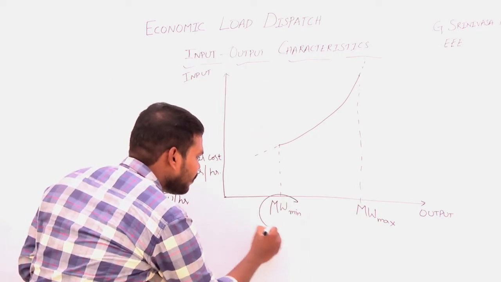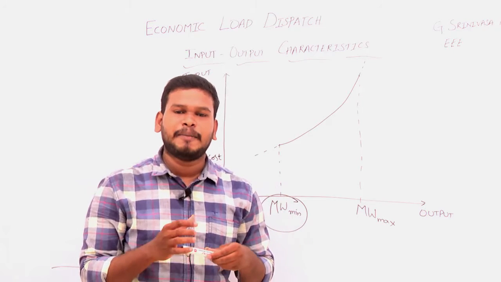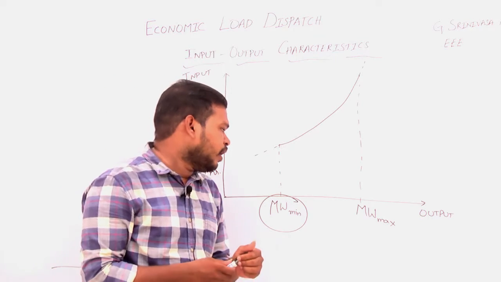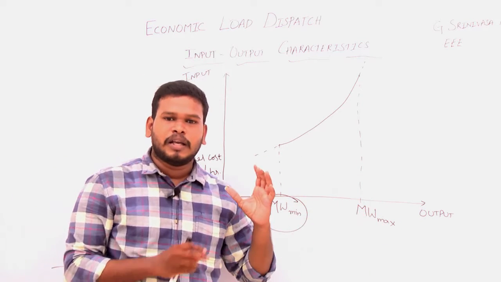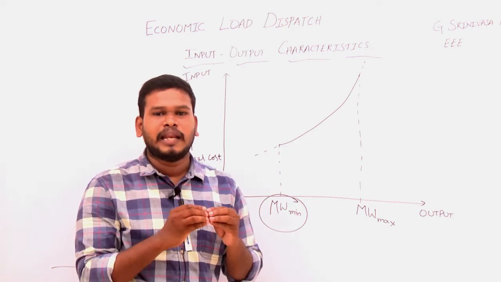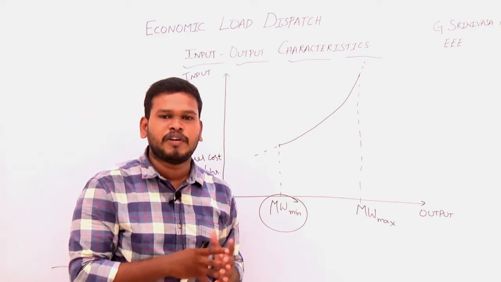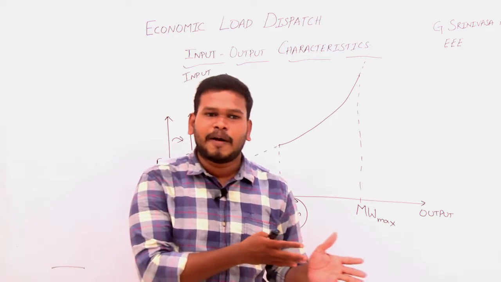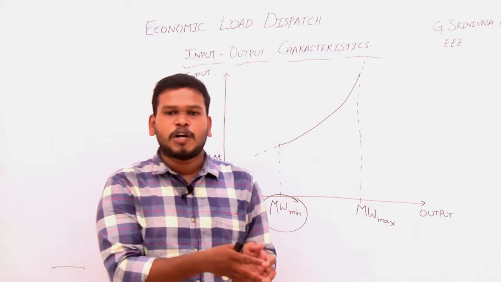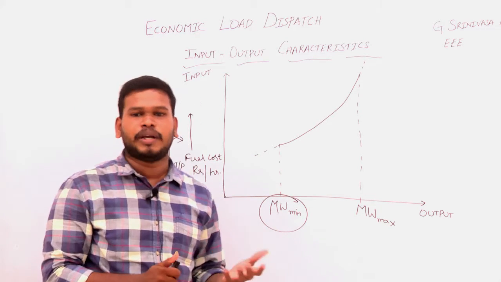This megawatt minimum represents the minimum amount of power that should be generated, right? If you are committing a unit, turning on a generating unit, and the power output is 0, then what is the use of turning on a generating unit?